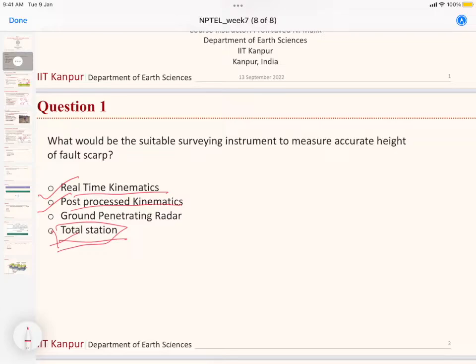So we want to know how much displacement has happened along that fault scarp. It's not every time that we can see a good displacement, sometimes there's very little displacement. So always use an instrument that has the highest accuracy in the field. That's why the answer would be total station. I hope it's clear.